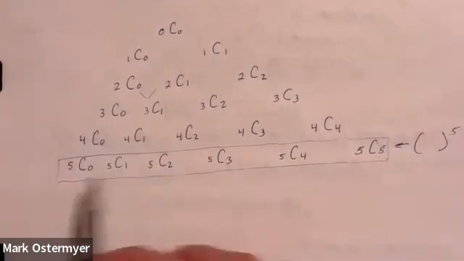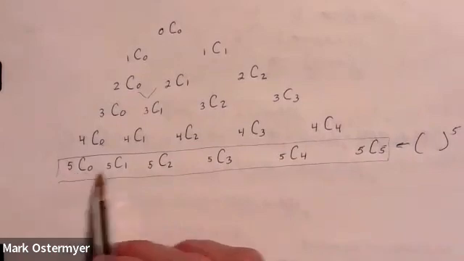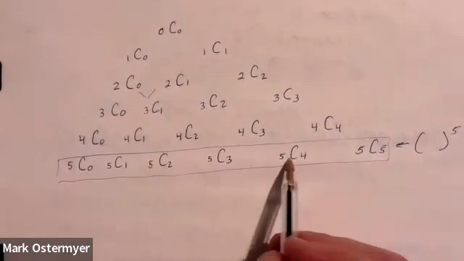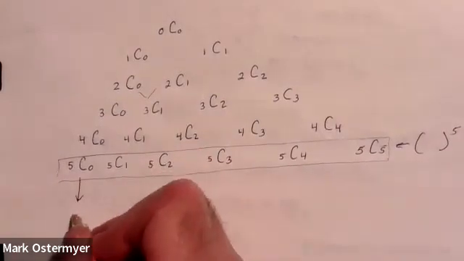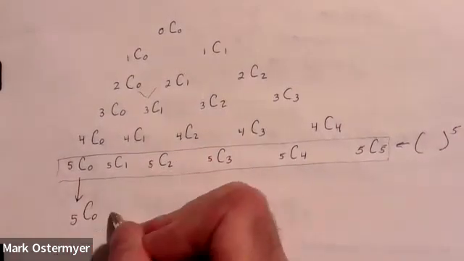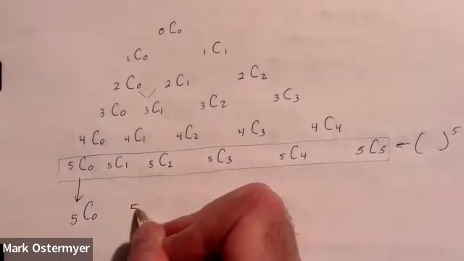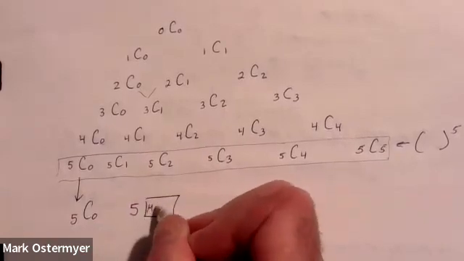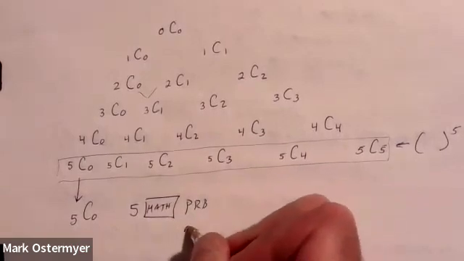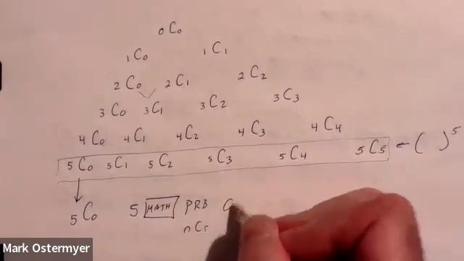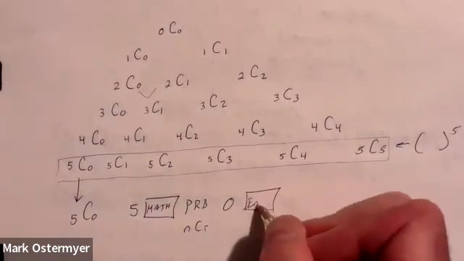I want you to get on your calculator and find all these combinations. Remember how we do that? So for instance, 5 in combination with 0. You hit 5, you hit your math button, you go over to probability, you go down and grab the nCr function, and you type in 0 and then enter.